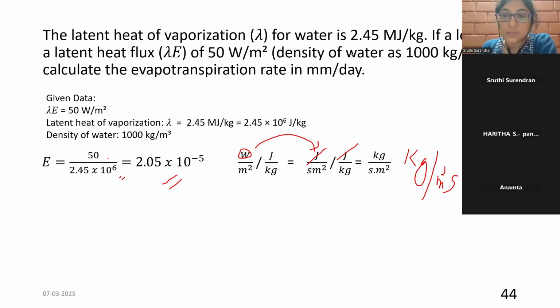in order to convert this to millimeters per day, the data that is given here is the density of water.